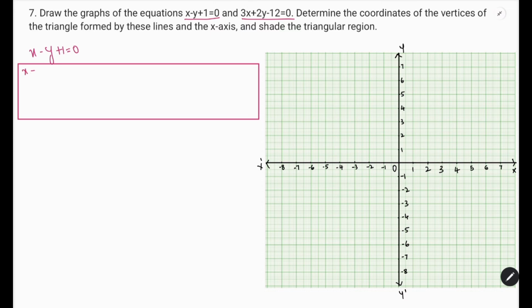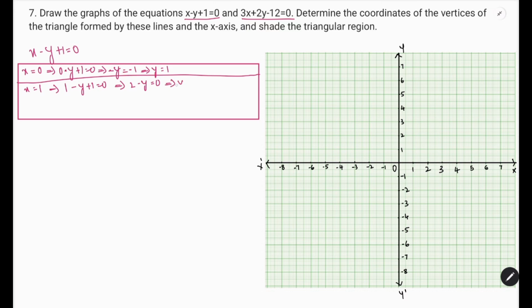Here if x equal to 0, then 0 minus y plus 1 equal to 0. If you take 1 to the right side, it will be minus y equal to minus 1. So y equal to 1. If you take x as 1, then 1 minus y plus 1 equal to 0. 1 plus 1 is 2 minus y equal to 0.